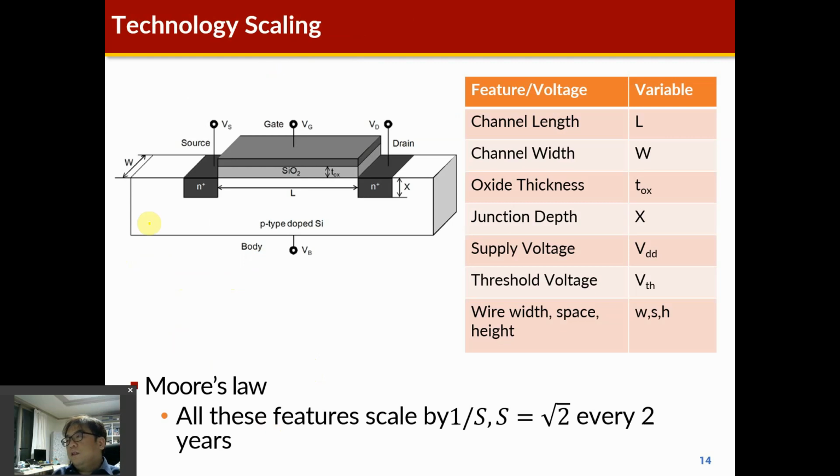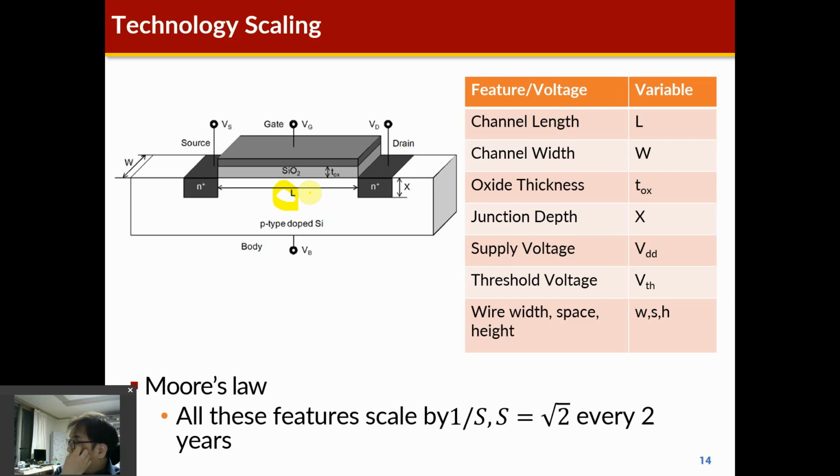And then this is some dimension of the CMOS transistor. Actually, this is the channel length or channel width. This channel length, we represent as the technology generation of the CMOS process.